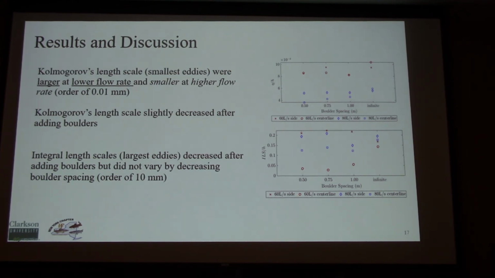Also, this scale, Kolmogorov length scale, decreased after adding boulders, and this decrease was very slight. Also, integral length scale, which shows the largest eddy size, decreased after adding boulders, but it didn't vary by decreasing boulder spacing. And the order of the largest eddy sizes was 10 millimeter.